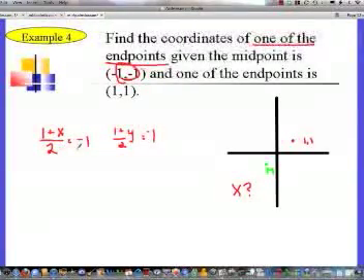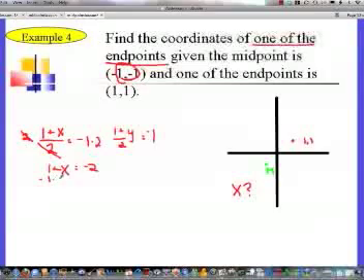Well, to solve this equation for x, I would multiply both sides by 2, and then this cancels out, and I got 1 plus x equals -2, and I subtract 1 from both sides, and I get x equals -3.